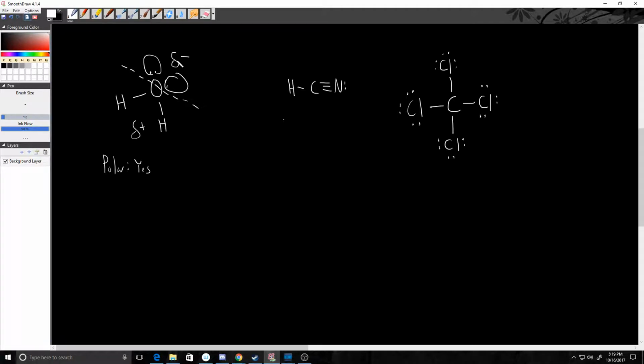So in this case, we're done with that. We're going to also look at it a little bit here. So electronegativity, and I said we're looking at the differences between these two things. If I check an electronegativity chart, the electronegativity for oxygen is 3.5. The electronegativity for hydrogen is 2.1.